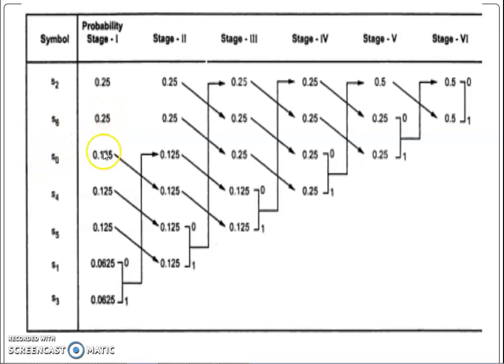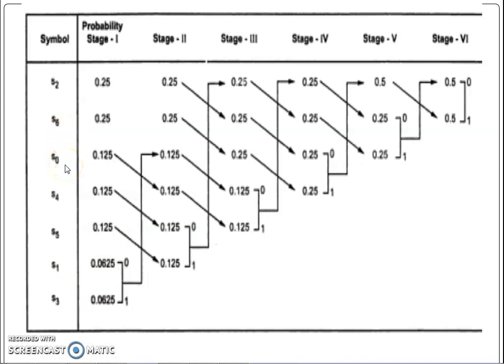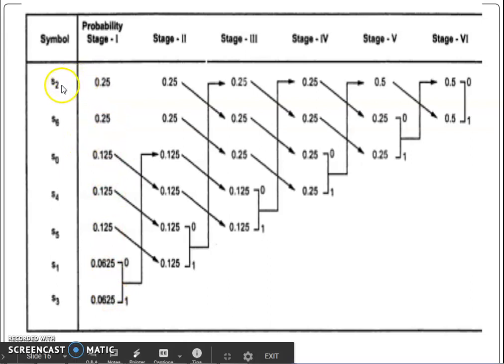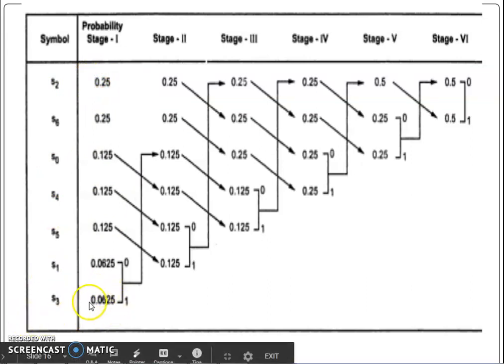Then come S0, 0.125, S4, 0.125, S5, 0.125, and then S1, 0.0625, S3, 0.0625. Even if some symbols have the same probability, we write them depending upon the sequence given in the numerical, in descending order of probability. The first entry has the maximum probability and the last entry the minimum probability.